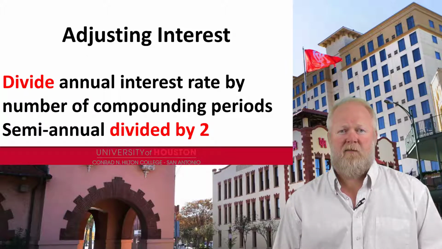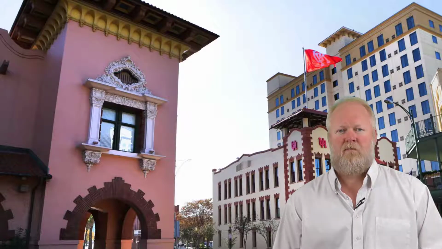So for example, if I had a 10% interest rate annually, but I was going to compound it every 6 months, I would adjust the interest by taking that 10 and dividing it by 2 because it's going to compound twice per year. I would also adjust the number of periods. So back to that example.